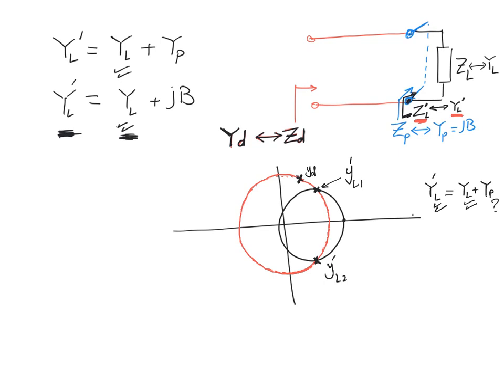Starting from here and moving this distance for the first solution, and starting from here and moving this distance for the second solution, gives me the length of the red transmission line. That means I've designed this one, and from this equation I figured out this one. And again, after figuring out the parallel value, I can assume short circuit or open circuit and figure out the length of this transmission line.